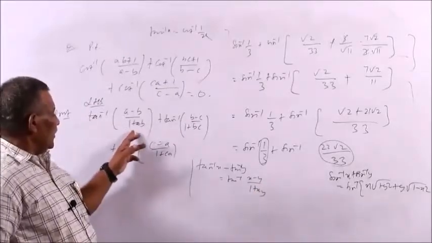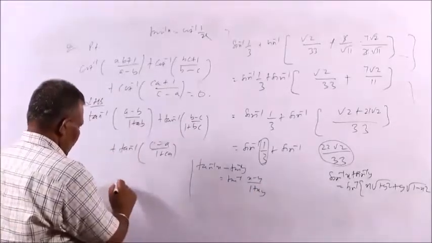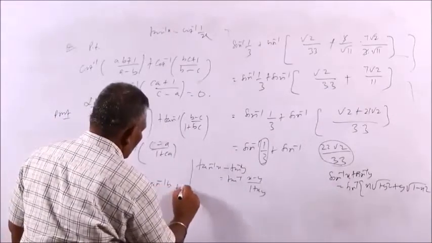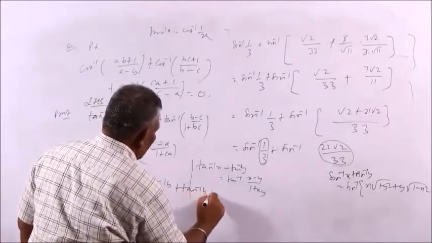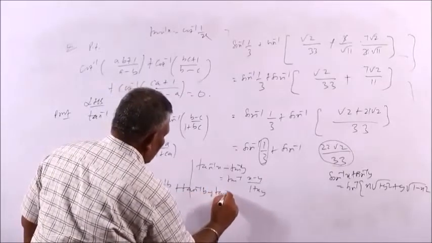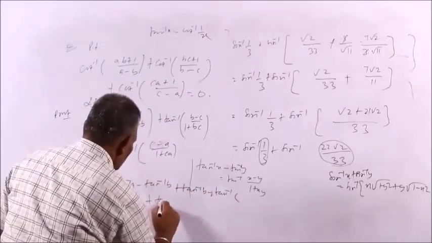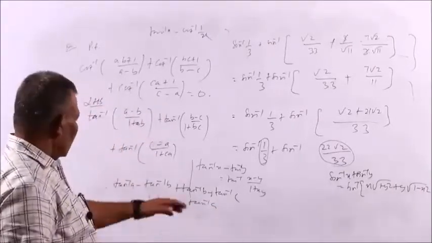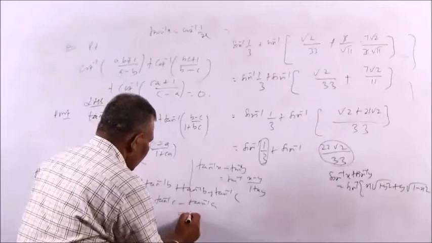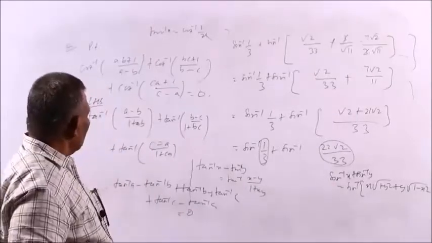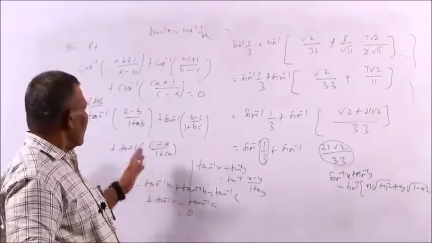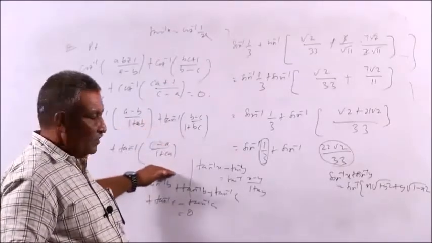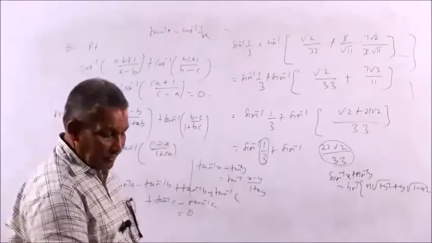So by that formula we can write the first quantity as tan inverse A minus tan inverse B plus tan inverse B minus tan inverse C plus tan inverse C minus tan inverse A. All the terms will be cancelled, that will give rise to 0. In another way you can solve like this. First apply your tan inverse x plus tan inverse y plus tan inverse z formula. It will be a lengthy one.